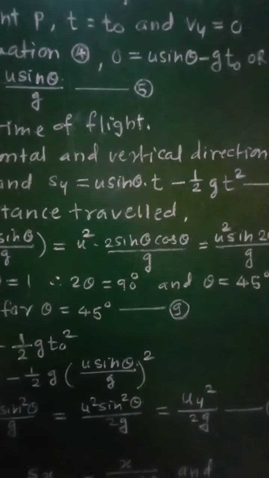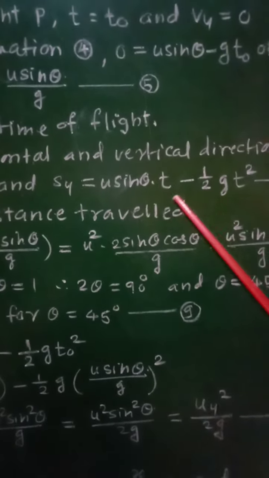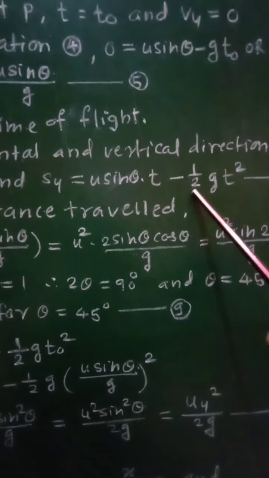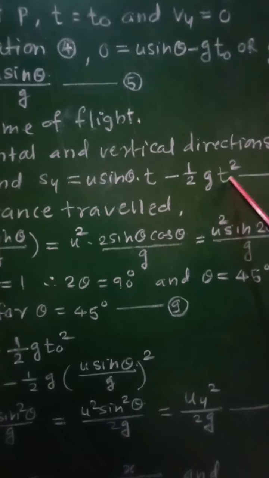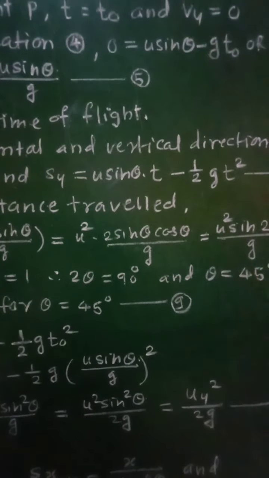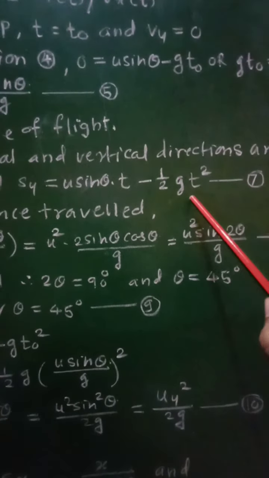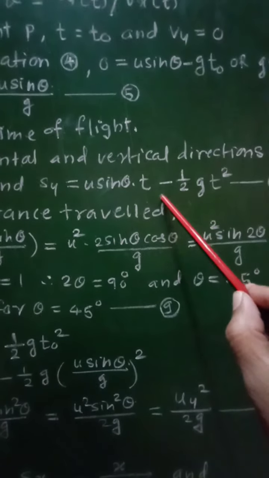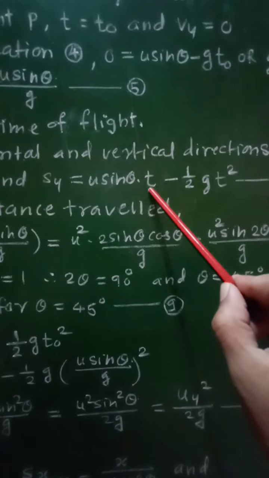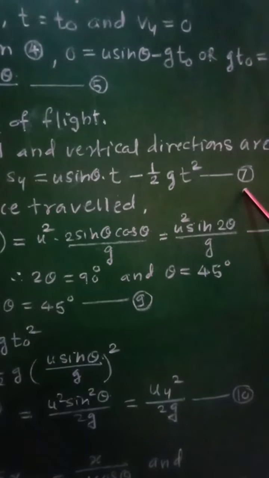Sy equal to u sin theta t, that also represents the displacement, and minus half gt square. So by this factor half gt square, this vertical displacement gets decreased, and therefore this equation represents the displacement of that projectile in the vertical direction. Let it be equation number 7.